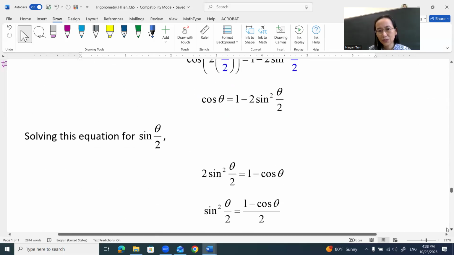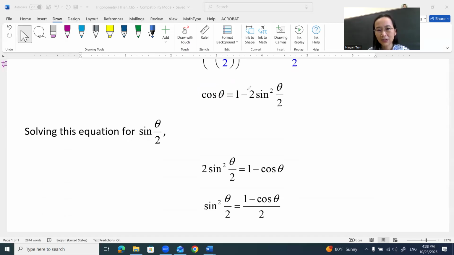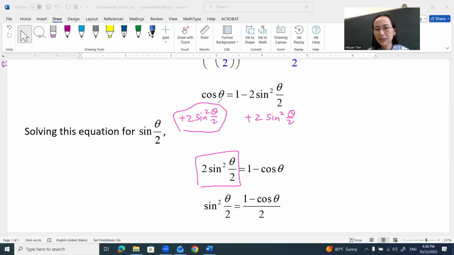All we need is to add this quantity to both sides of the equation, and we can also subtract cosine theta from both sides.